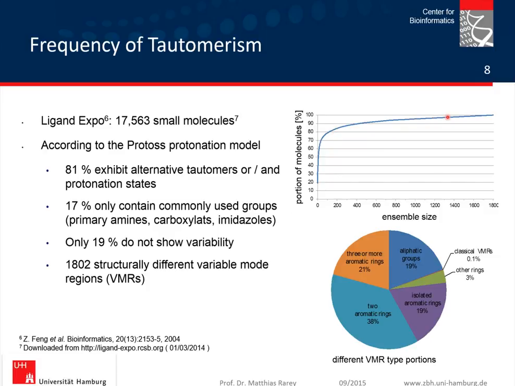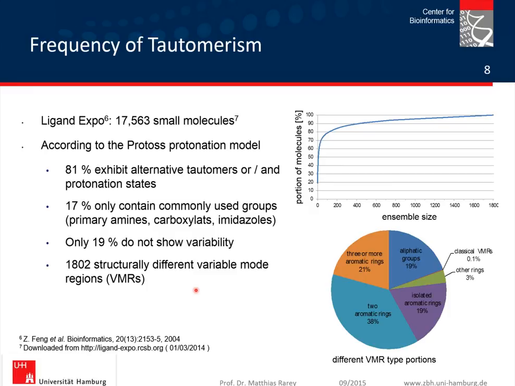But you see that this is a very slight slope here. So you actually need thousands of fragments to describe this correctly. So this is not a good approach, and it would be better to have a more chemistry-oriented approach which actually deals with all these structures. Many of these actually come from heterocyclic ring systems, which have specific possibilities to protonate them.